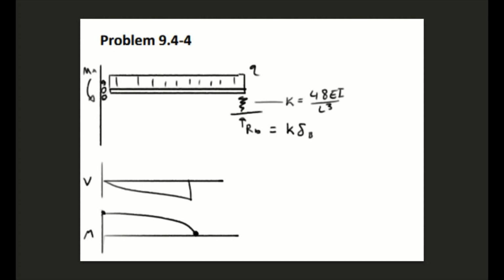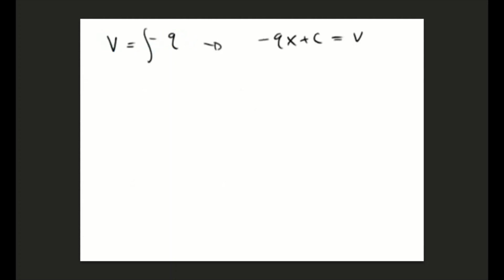So if we say that our shear is equal to negative Q, the integral just leads us to V = -Qx + C. If we look at that diagram initially, we see that at zero it's 0, so we can say that our C value is just going to be 0.